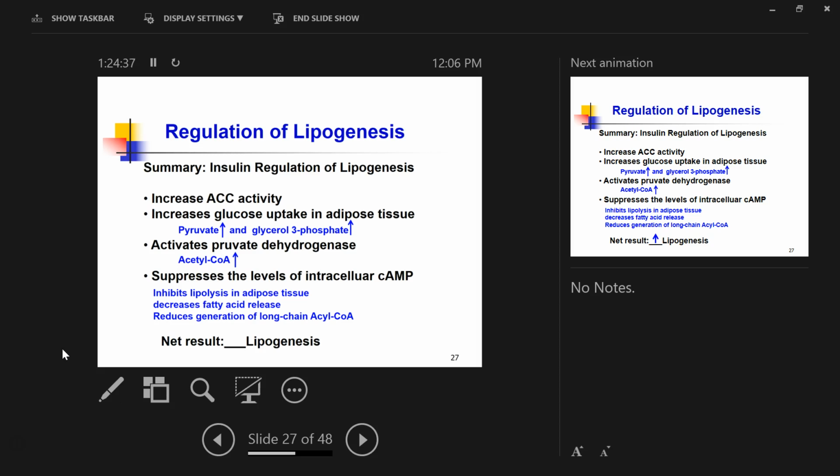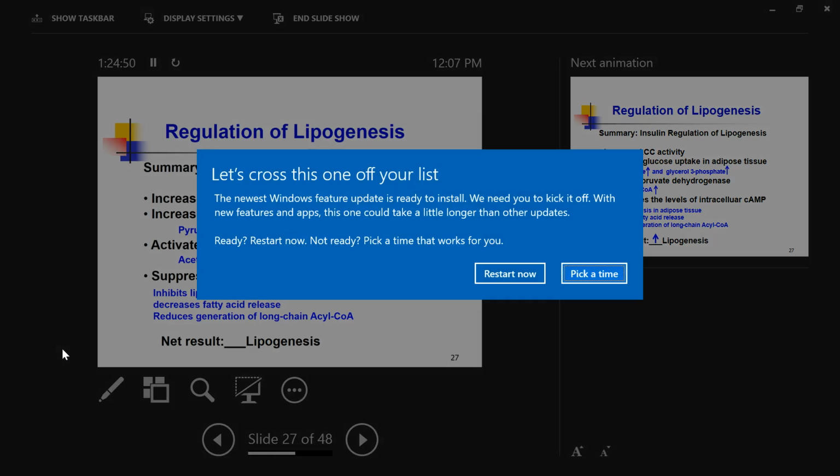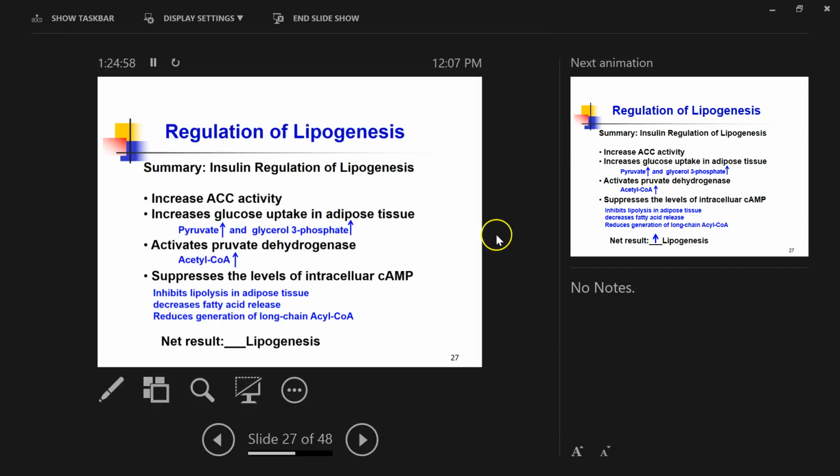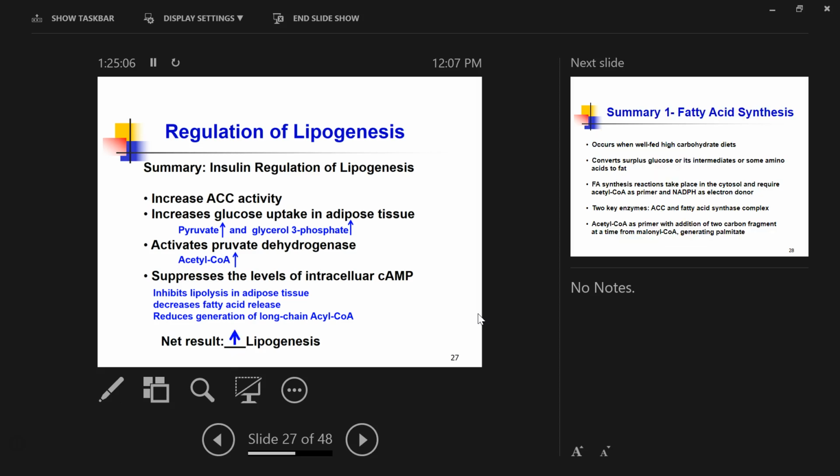And it decreases the intracellular cyclic AMP levels because insulin inhibits lipolysis, right? Okay, so the net result of insulin action on lipogenesis is increased lipogenesis, right?